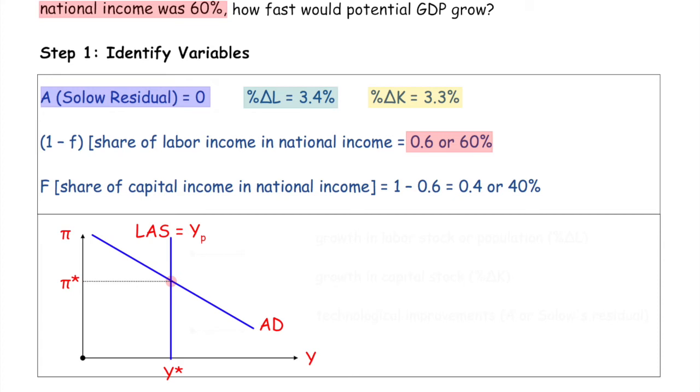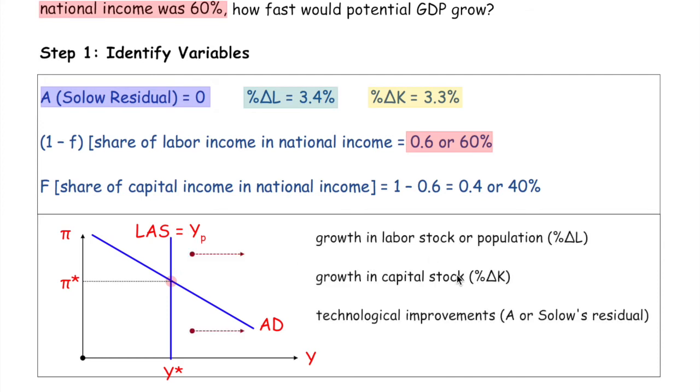And now this model is trying to talk about what are the factors that can cause YP to essentially increase. And this growth in YP essentially stems from 3 different factors. One reason why YP could shift to the right, or increase, or grow, is if we have a growth in labor stock. If there's more labor stock that is available, now the economy can perhaps produce a greater level of output.